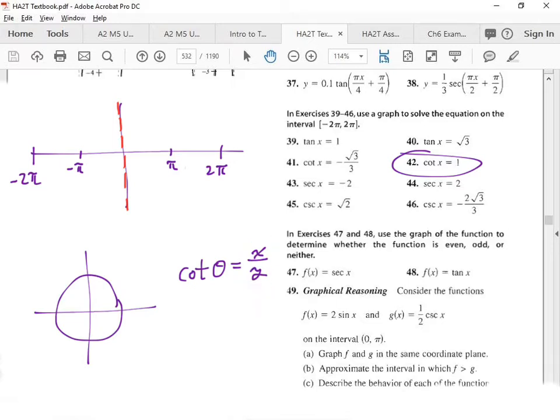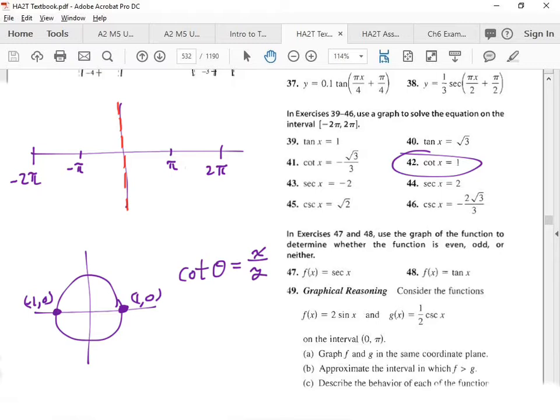Okay, so where is y equal to 0 on this circle? Y is equal to 0 right here, that's 1 comma 0. And where else? Right here, because that's negative 1, 0. So these two locations are where y equals 0.